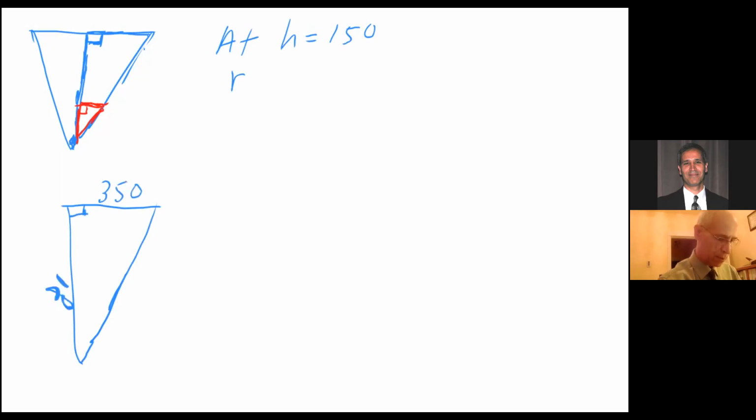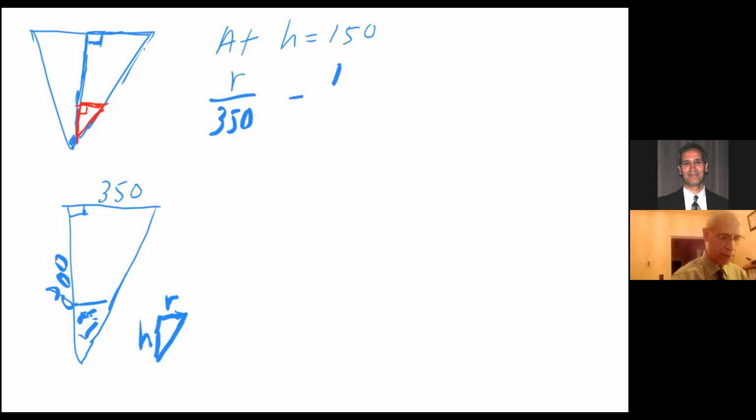We know this is 800, that doesn't change. But at that precise moment, let me call this one radius, because it keeps changing, and call this H. So at H equals 150, I know R over 350 equals 150 over 800.